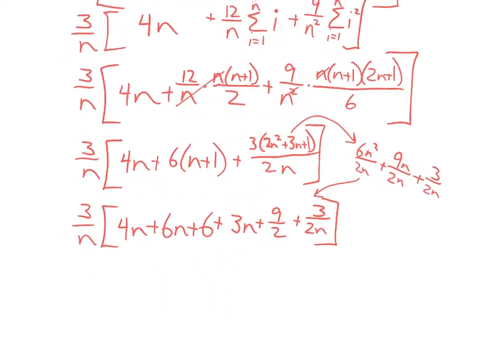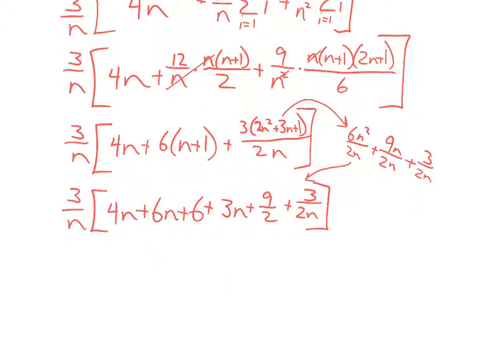Okay, so now I'm going to simplify a few things, and that'll allow us to then distribute the 3 over n. So 4 plus 6 plus 3, that's 13n. 6 plus 9 halves is going to be 21 halves.